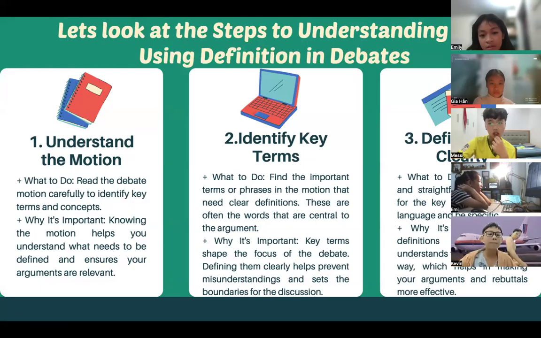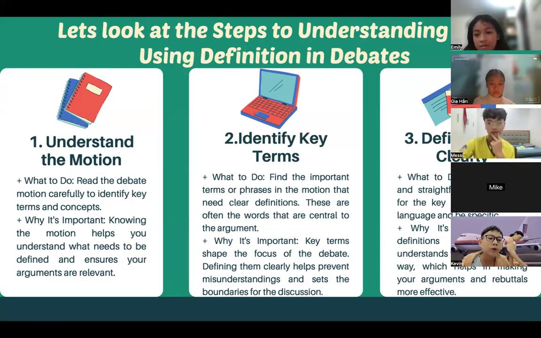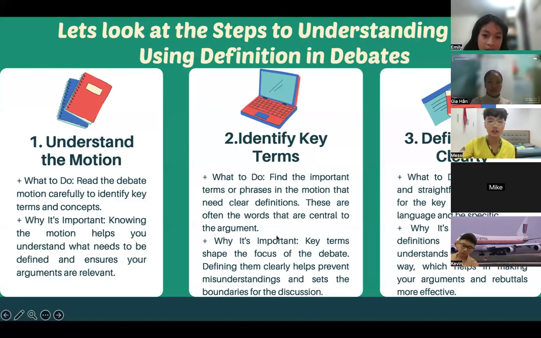Why it's important. Knowing the motion helps you understand what needs to be defined and ensure your arguments are relevant. Thank you, Kevin. That's a really slow but precise reading. Okay, that is step number 1, where you need to have the knowledge to understand the motion. This is the first step to get to how you can define the motion.